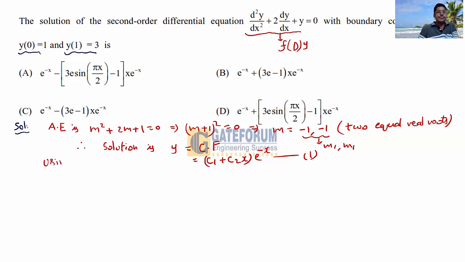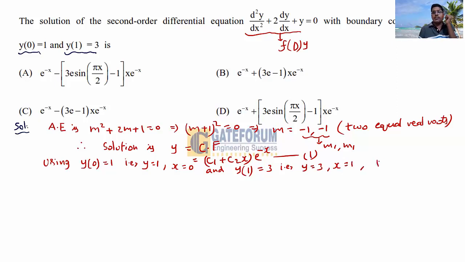Using y of 0 is equal to 1, that is y value 1 when x is equal to 0, and y of 1 is equal to 3, that is y value 3 when x is equal to 1, equation 1 gives: 1 is equal to, with x value 0, c1 into e power 0 which is 1, so c1 value is directly 1.